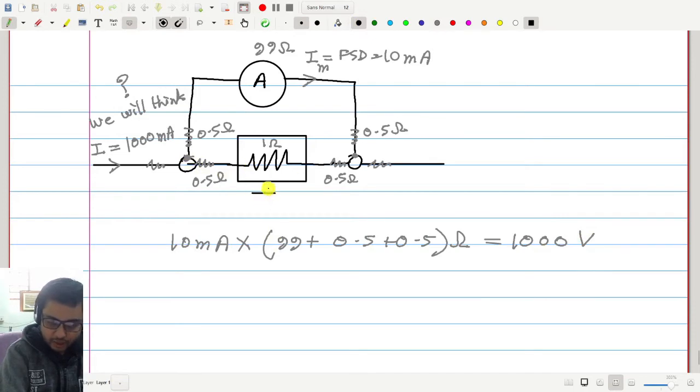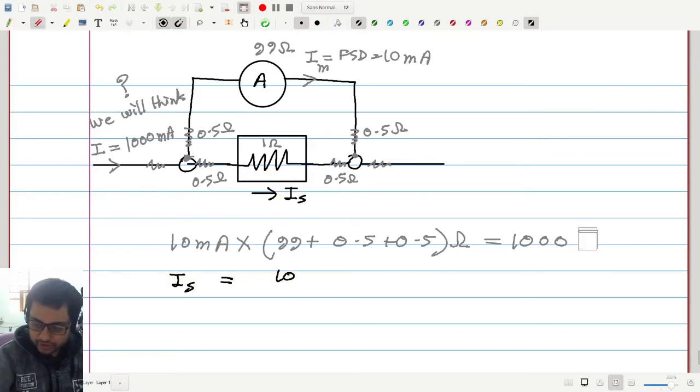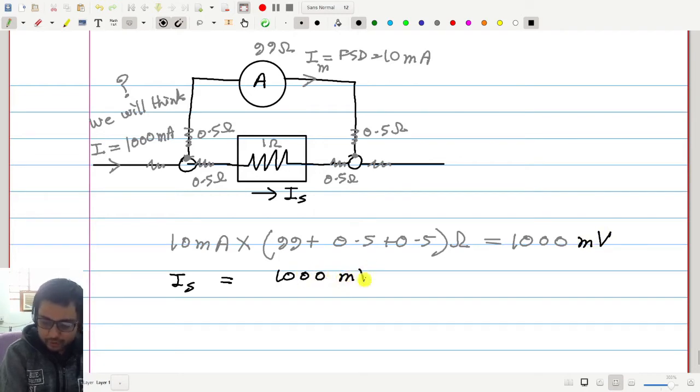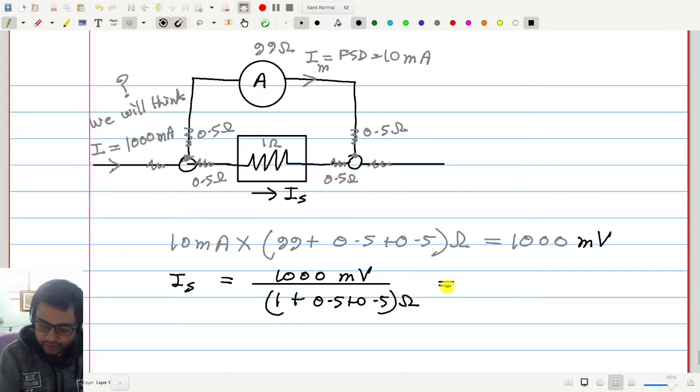Now this shunt current, call it IS, will then be 1000 millivolt divided by these three resistances, 1 plus half, 1 plus half, that is 2 ohm. So here I have 1000 by 2, 500.